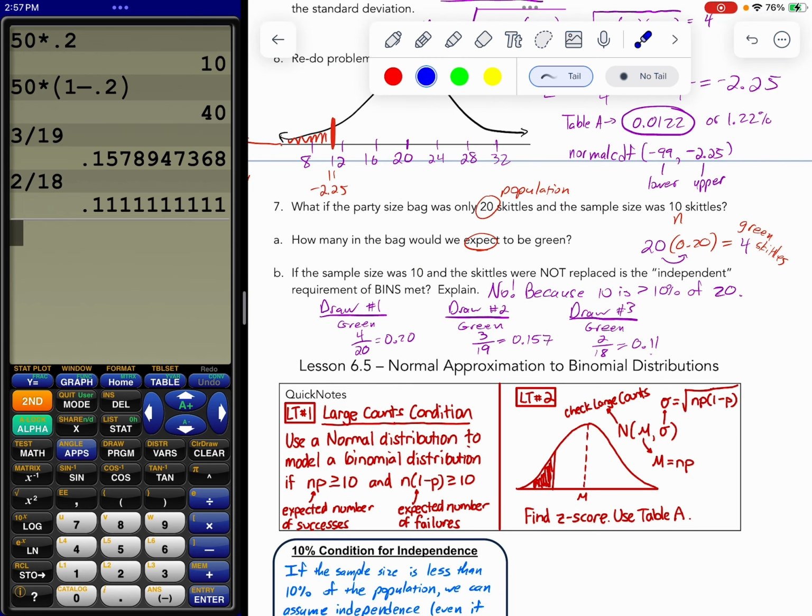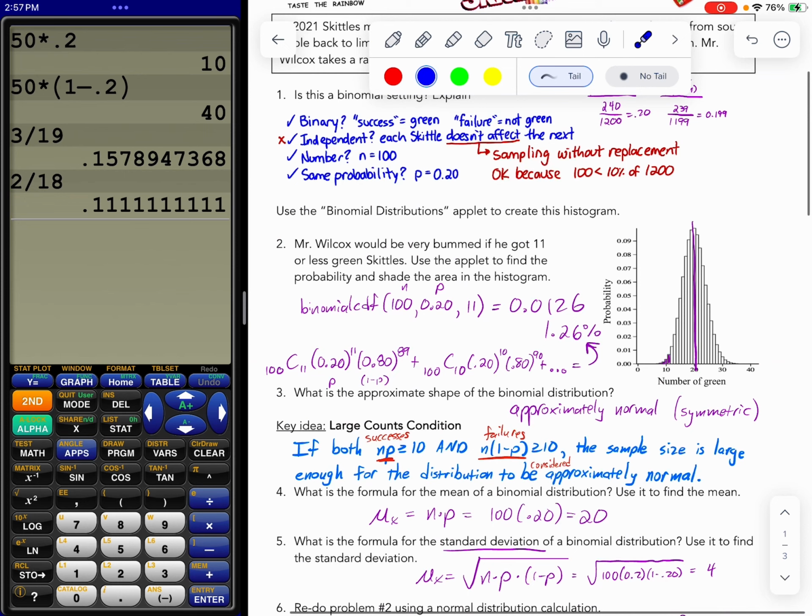So is the result of the first draw affecting the second draw and the third draw? Yes, it is. Why is that happening? It's because my sample size is half of the population. That is where this 10% condition comes from.